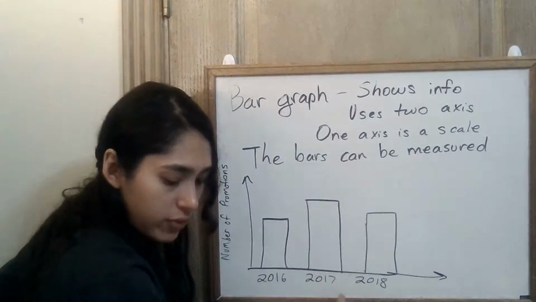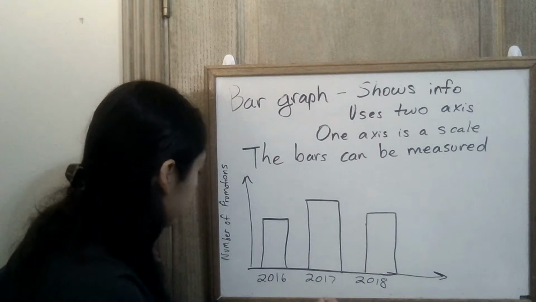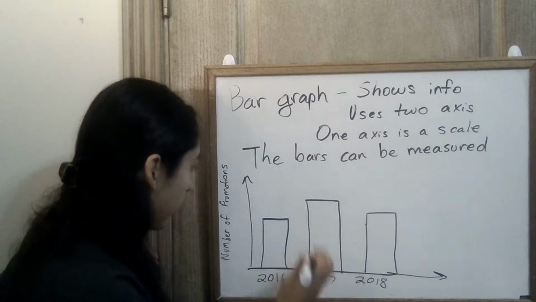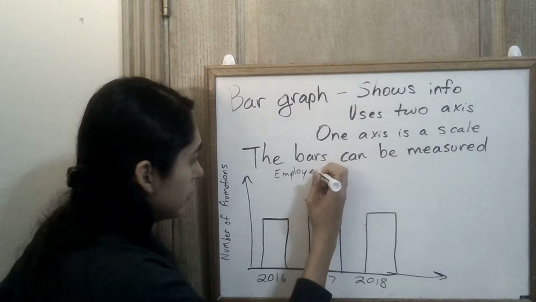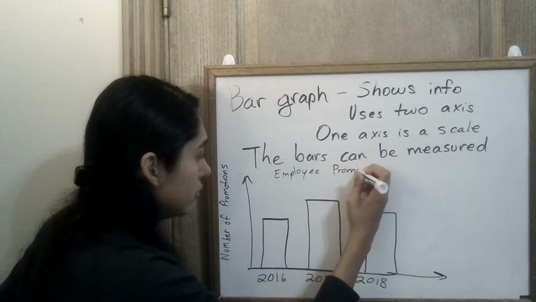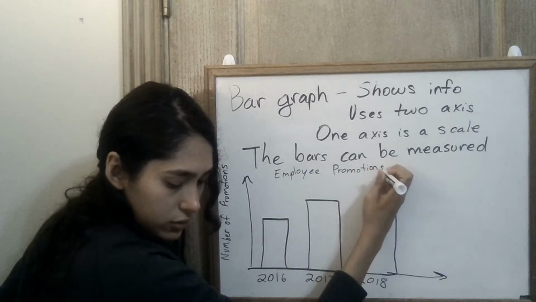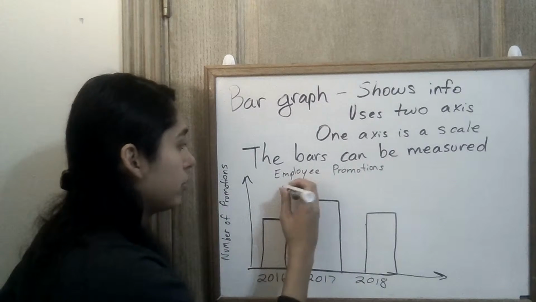And the title of the bar graph is going to be Employee Promotions per year.